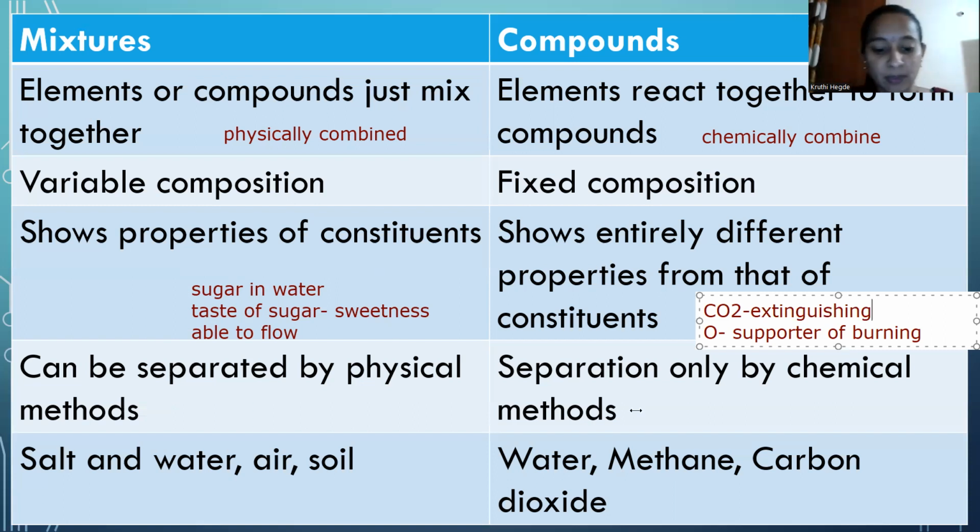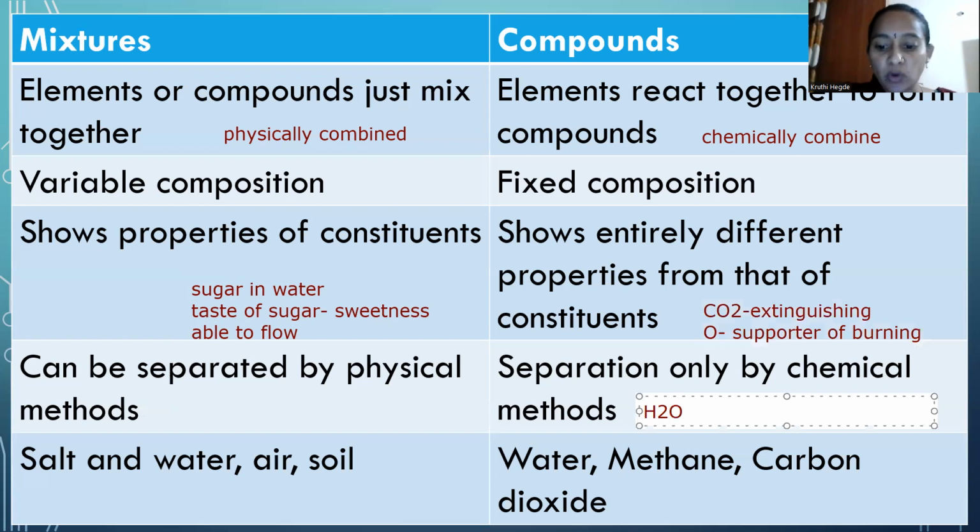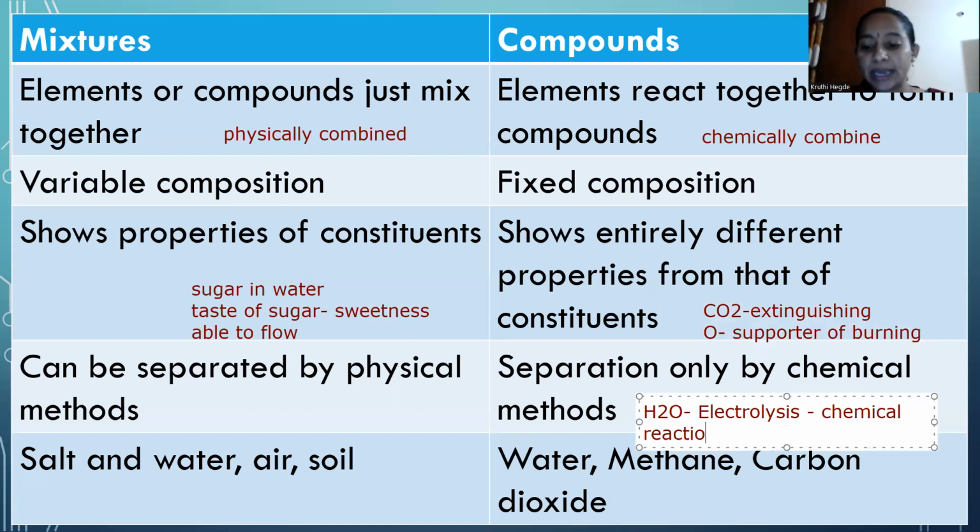For example, from H2O, to separate hydrogen and oxygen, I should do electrolysis, which is passing current, and it splits the water into hydrogen and oxygen. That involves a chemical reaction. So compounds can be separated only by a chemical or electrochemical process.